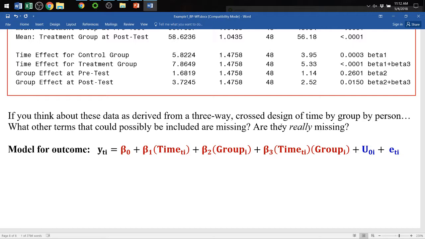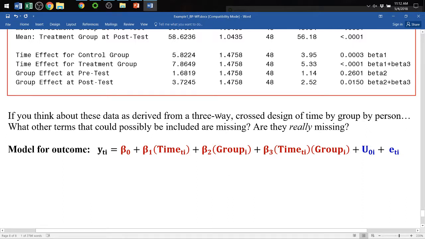I have a 50 by 2 by 2. 50 subjects, by 2 groups by 2 times. Not fully crossed, but you can think of it that way. So if I have a 3-way design, then I could potentially have up to a 3-way interaction. So let's think of it from that perspective and see what effects are here and what effects are not.